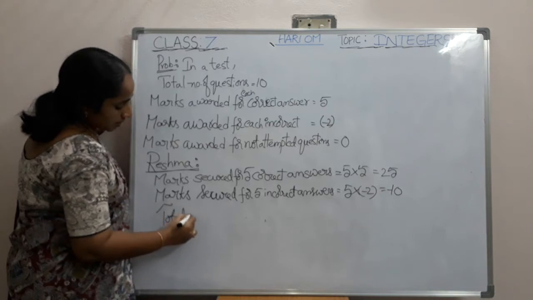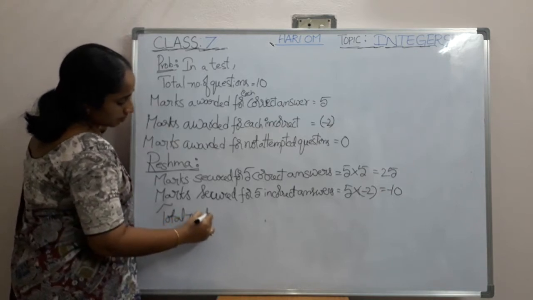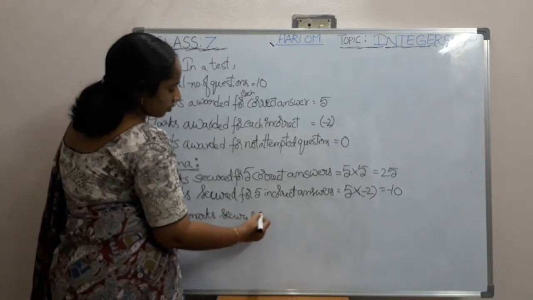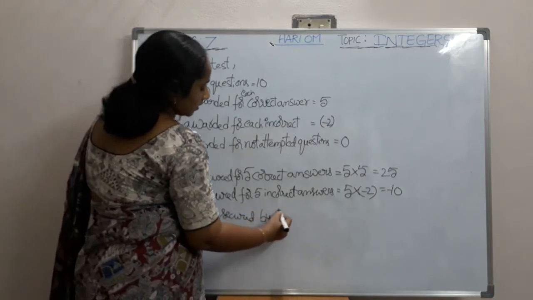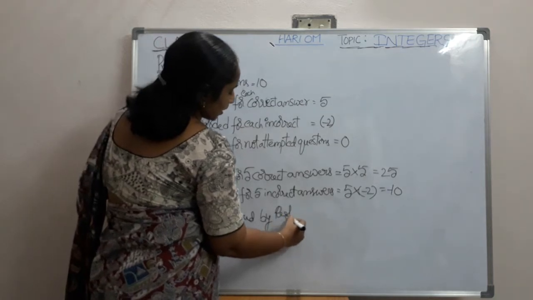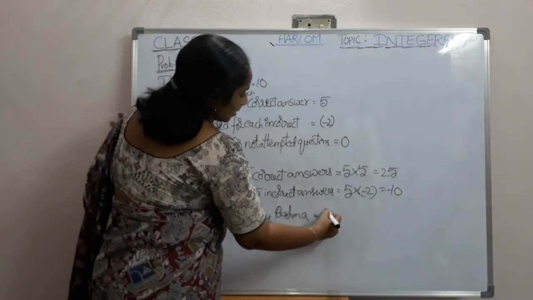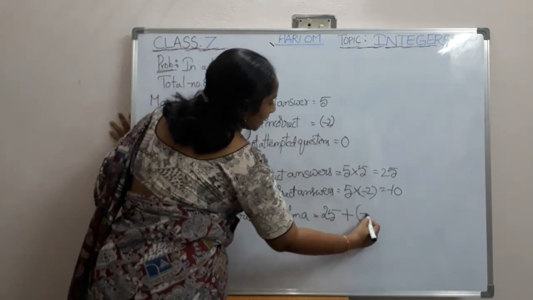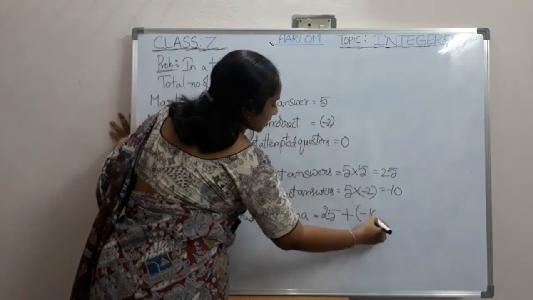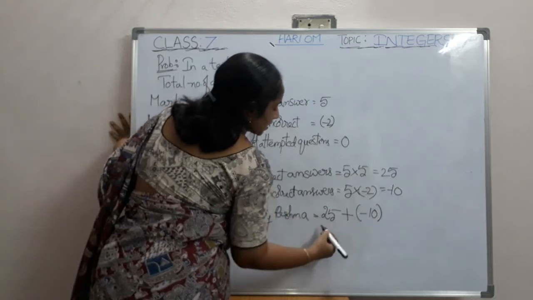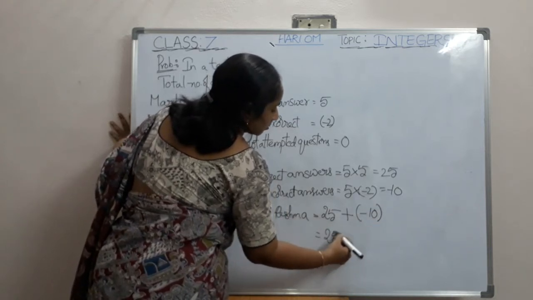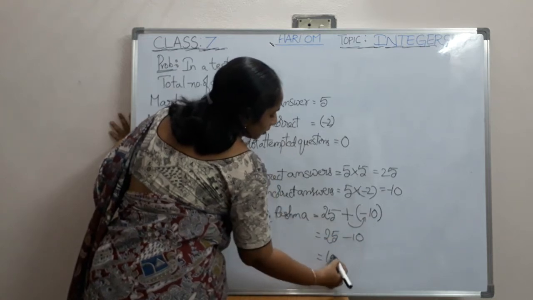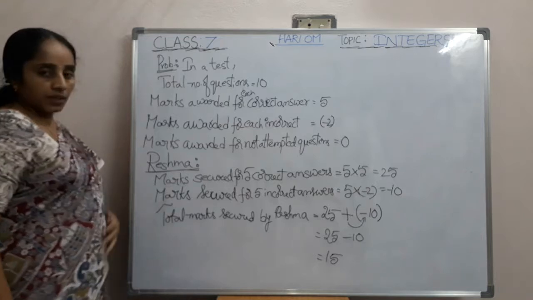Total marks secured by Reshma is 25 for correct answers and minus 10 for incorrect answers. It is 25 plus minus 10, 15 marks. Okay.